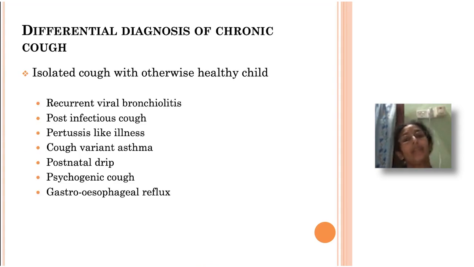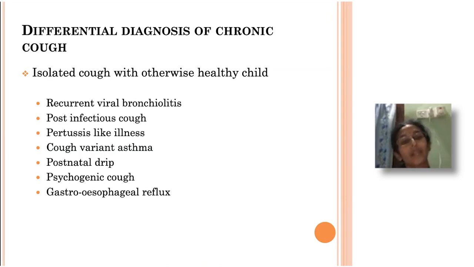But when we think about the differential diagnosis of a chronic cough, the isolated chronic cough in an otherwise healthy child, we have to think about whether the child is a small infant or a toddler. The common one is recurrent viral bronchiolitis. And if it is a bigger child, we can think about cough variant asthma.